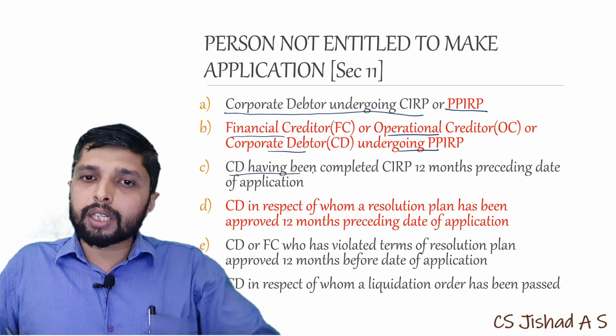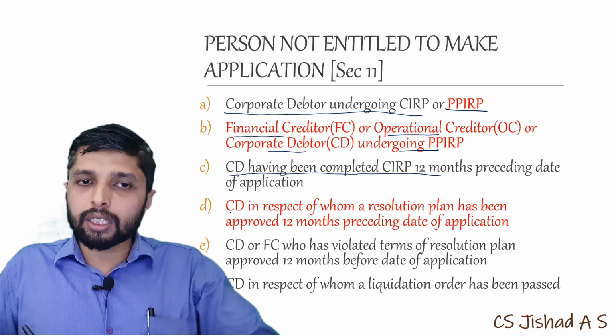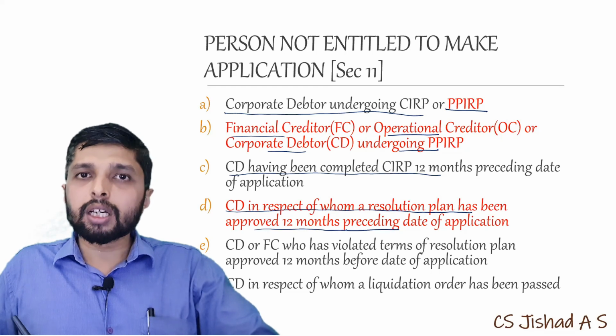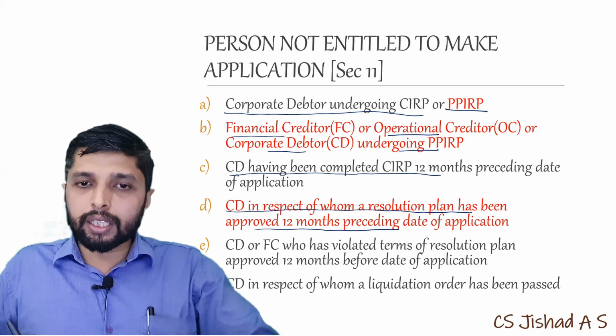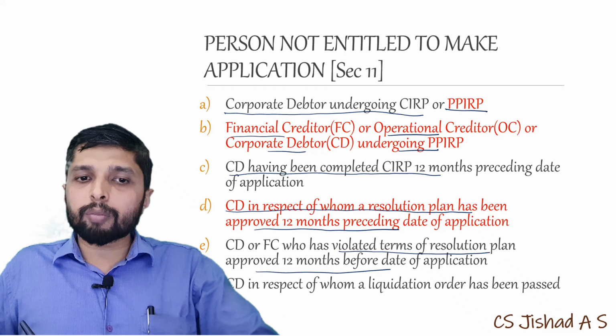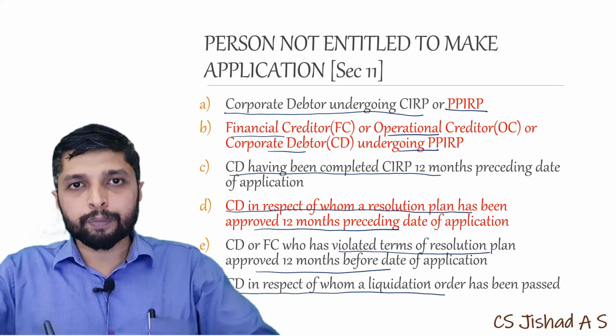Corporate debtor having completed CIRP in the 12 months preceding the date of application. Corporate debtor in respect of whom a resolution plan has been approved in the 12 months preceding the date of application. Corporate debtor or financial creditor who has violated the terms of a resolution plan approved 12 months before the date of application, and corporate debtor in respect of whom a liquidation order has been passed.